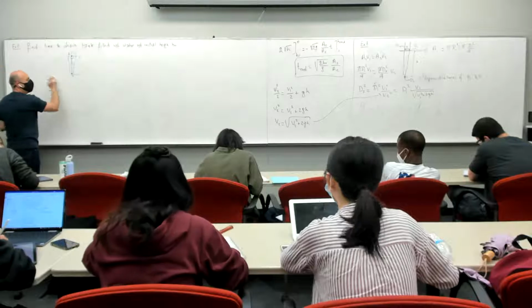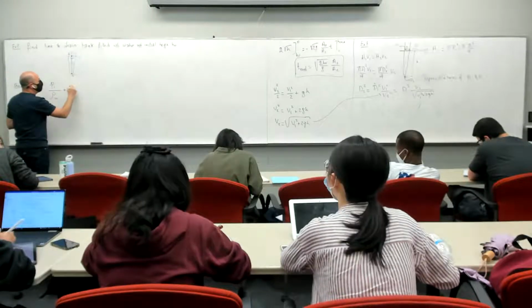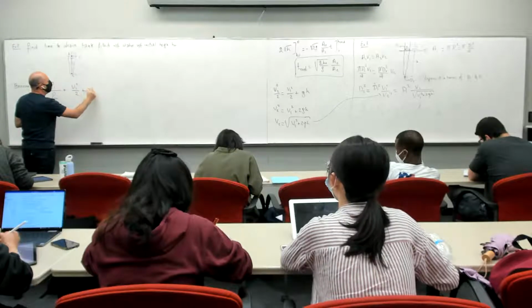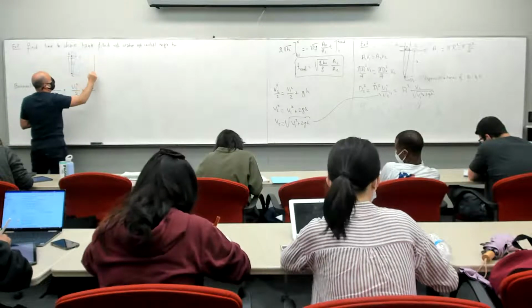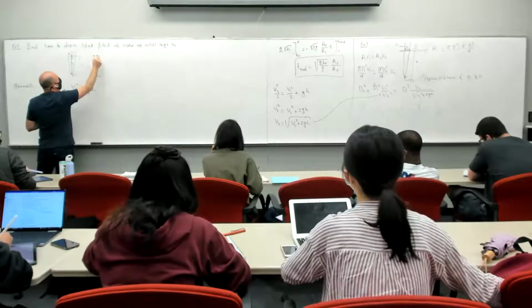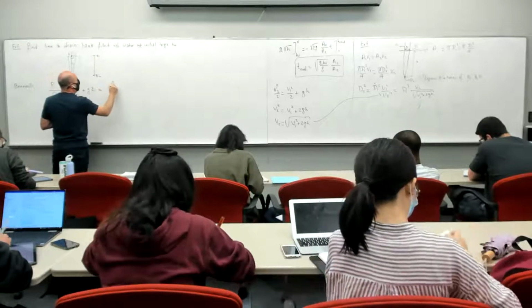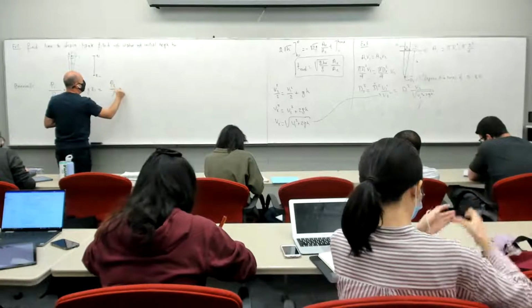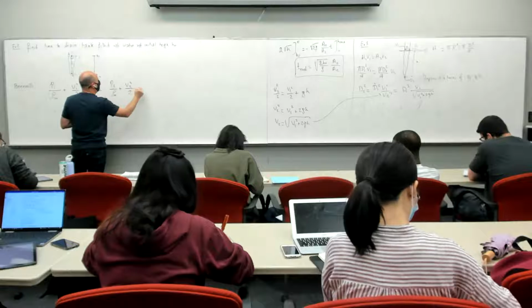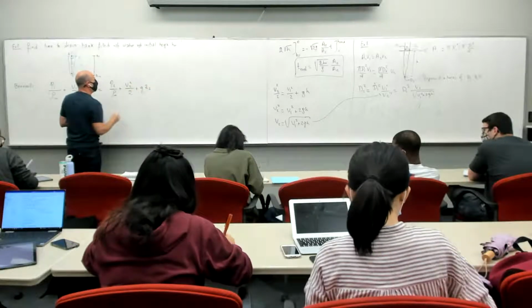I want to distinguish rho water from rho oil, plus V1 squared over 2 plus GZ1, equal to P2 over rho water plus V2 squared over 2 plus GZ2.